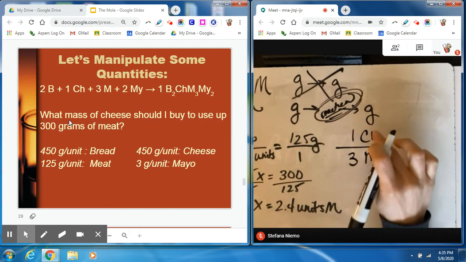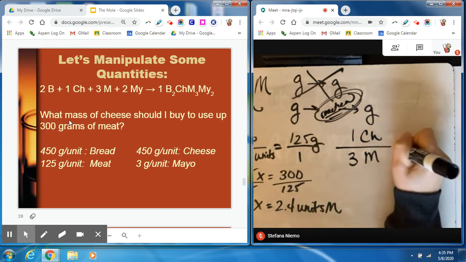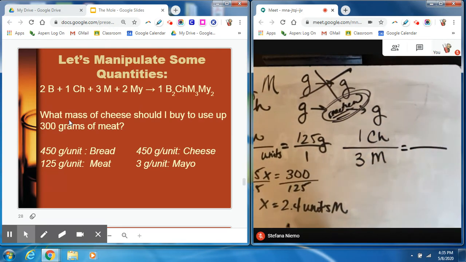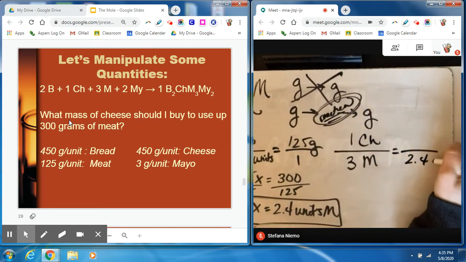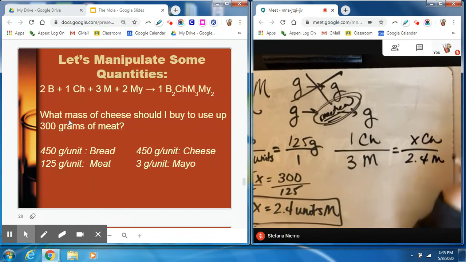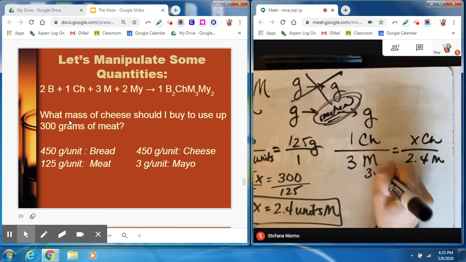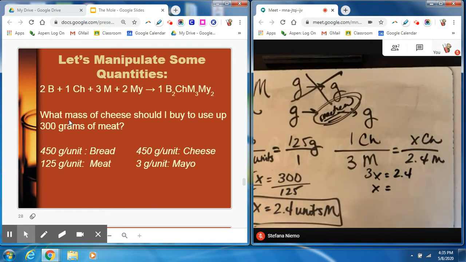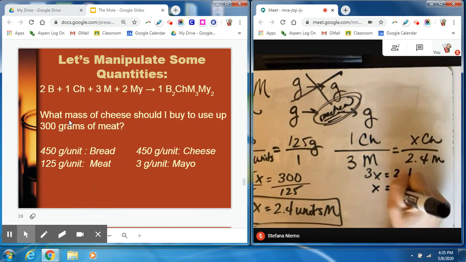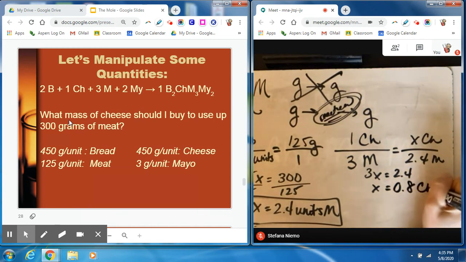For every 1 piece of cheese, I need 3 pieces of meat, but I don't have 3 pieces of meat, right? I have 2.4. So if I have 2.4 pieces of meat, how much cheese does that mean I need to buy? We need to cross multiply and solve for x. So 3x equals 2.4, and x is equal to 2.4 divided by 3, which is 0.8 pieces of cheese.